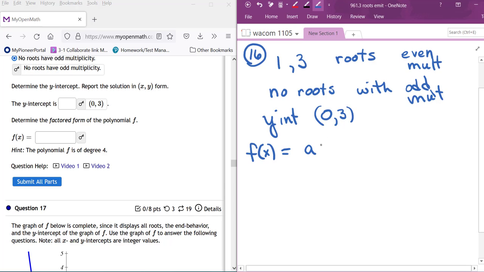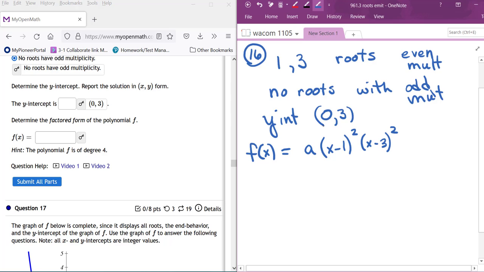To get this root, it's going to come from x minus 1, and it will be squared. The other one, 3, will come from x minus 3, and it will be squared.